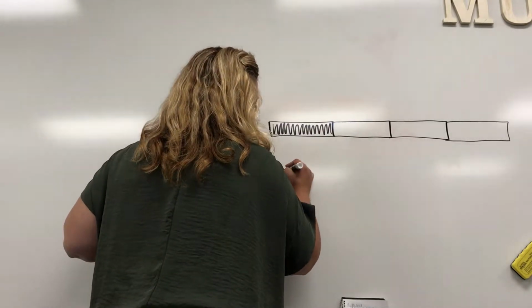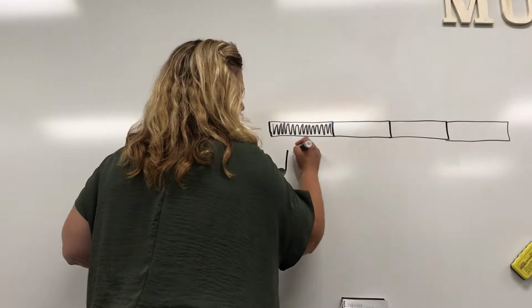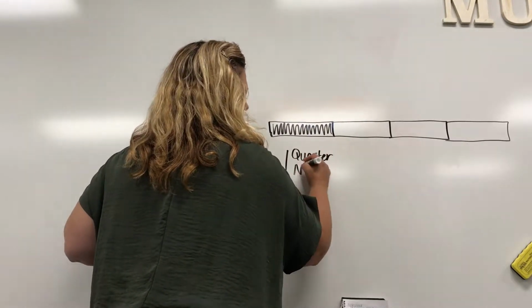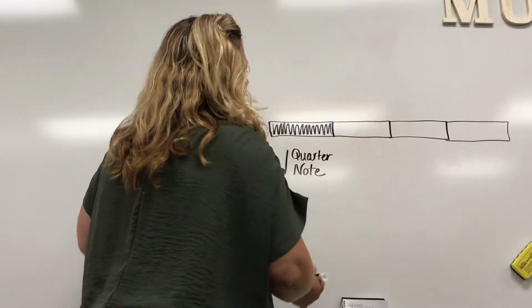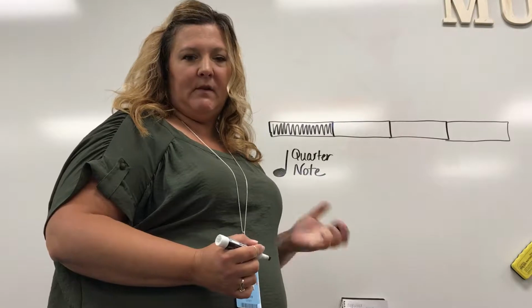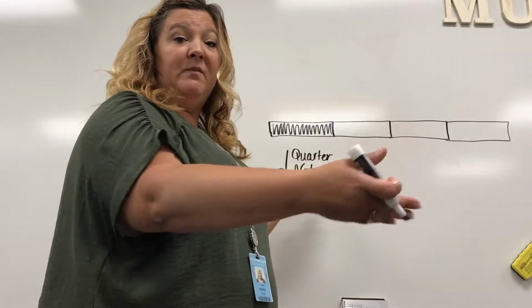And a quarter note is the note head with a stem, and it is going to last the entire length of that beat, okay? That would be considered a sound within the beat.